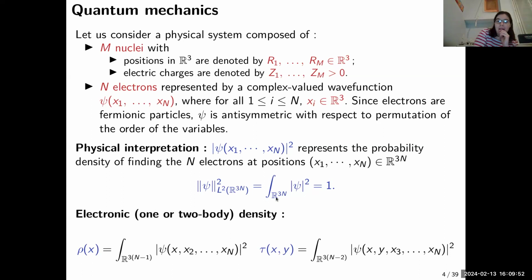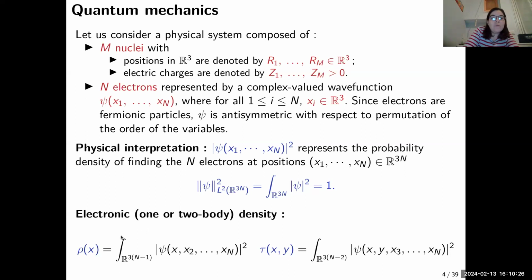Okay? I need also to introduce a few other quantities, in particular what is called the electronic one or two body density. So have a look at the left-hand side bottom part of the slide. The electronic one body density, what is it? It is this quantity, rho of x, a function which depends on x, which is just a vector of R3, by contrast to the wave function, which depends on n vectors of R3, okay?